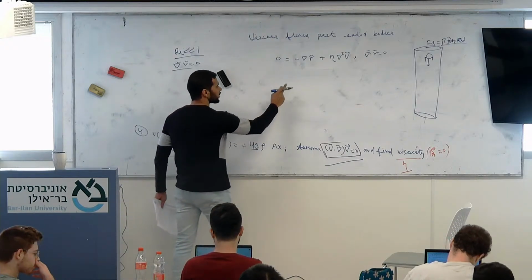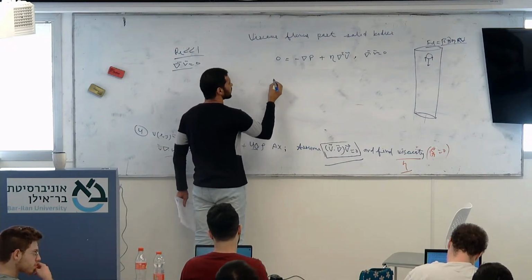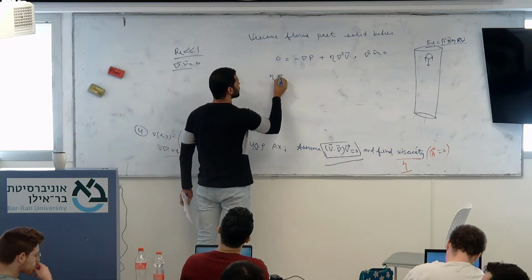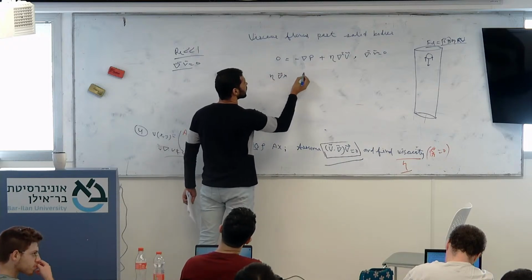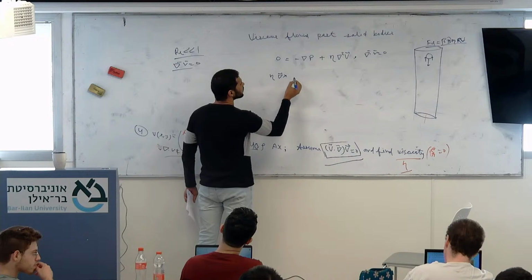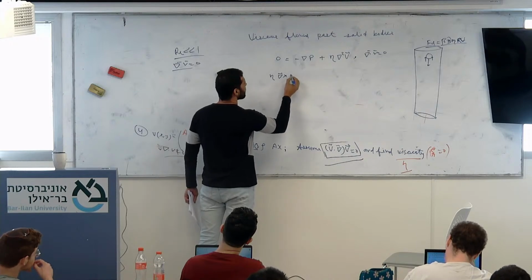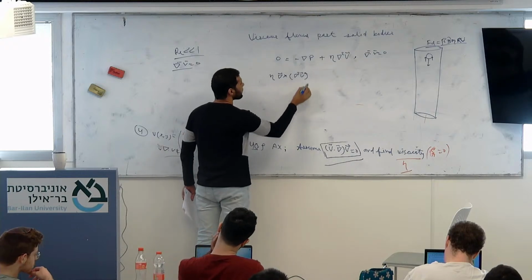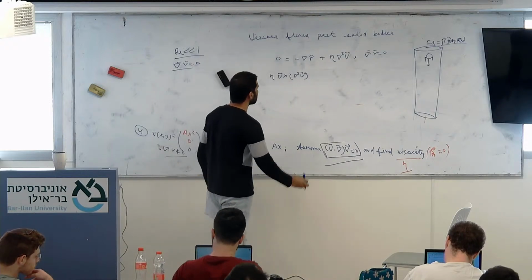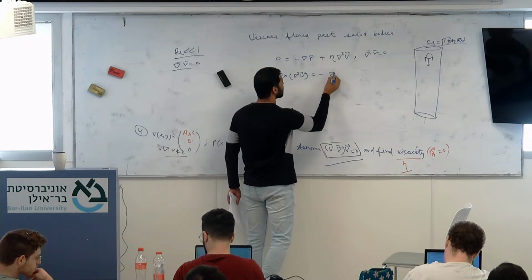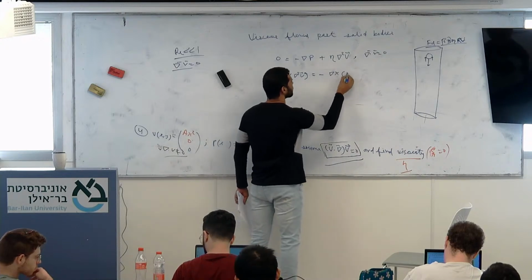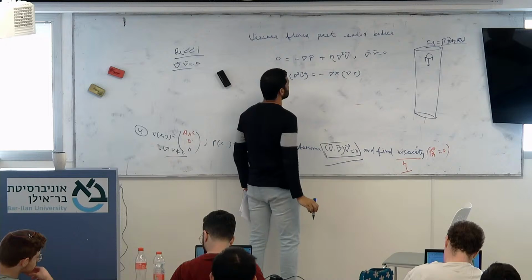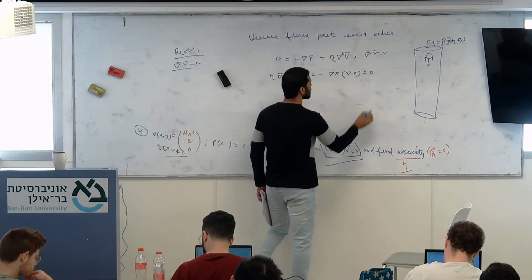Take the curl of this equation. This is 0. Why is this 0?